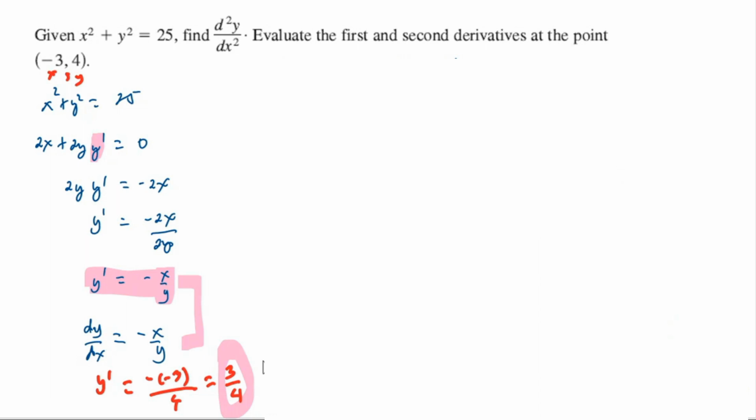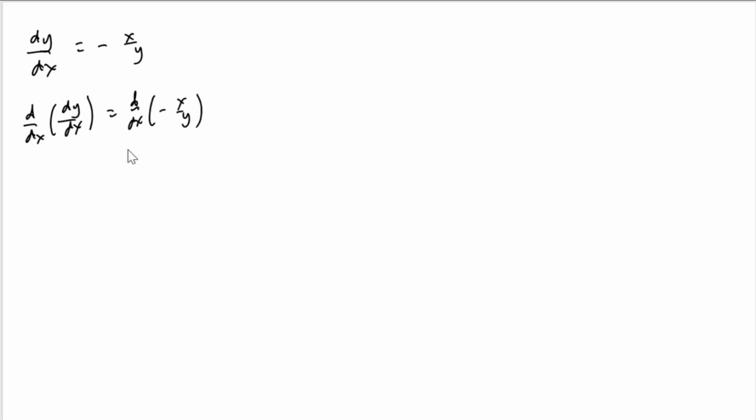Now, if we are going to evaluate the second derivative as well, from the first derivative, dy over dx is equal to the negative of x over y. Taking the derivative of that, d over dx of dy over dx is equal to d over dx of negative x over y.